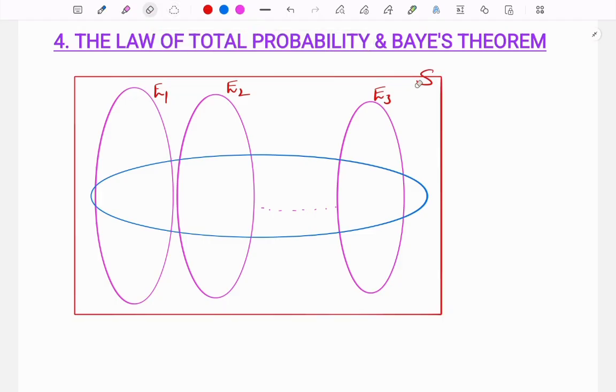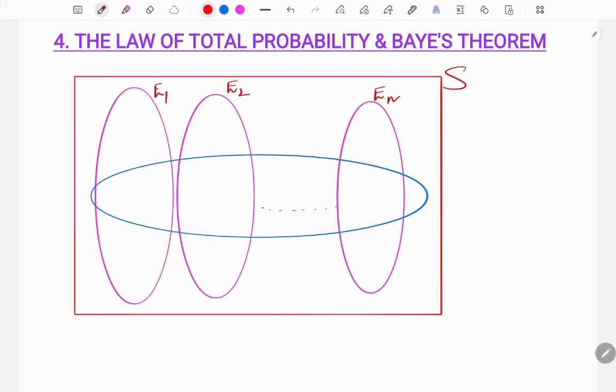Now it is fine, and now it is nothing but the sample space. Now, a brief analysis. Here E1, E2 and so on, it is not E3 but En: n events in the sample space.